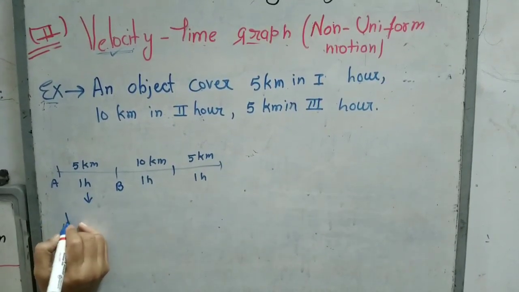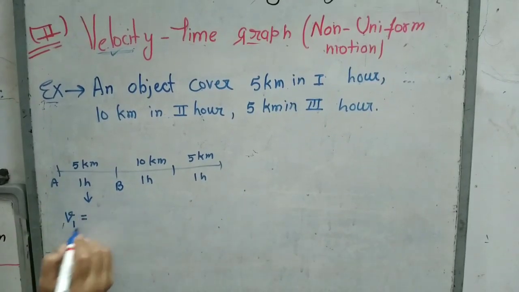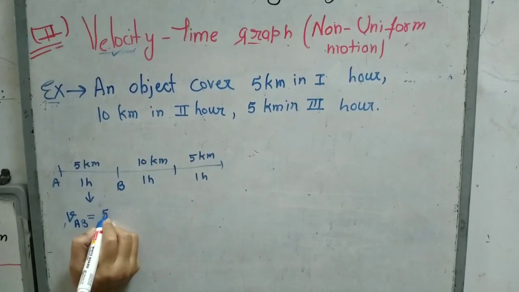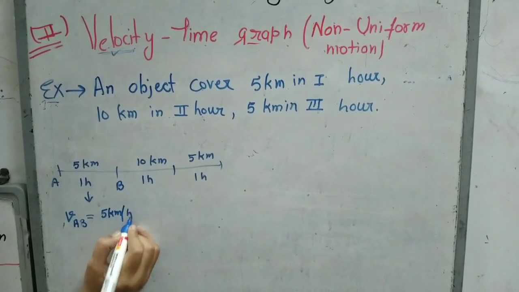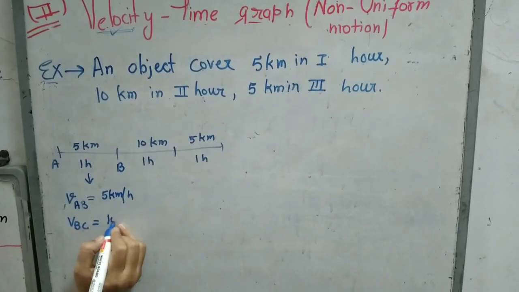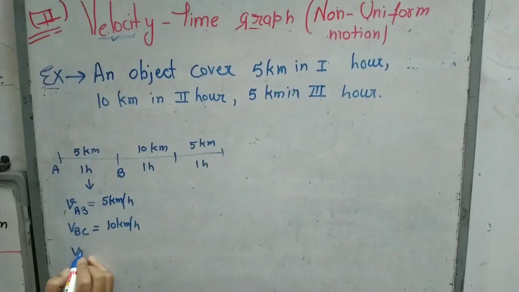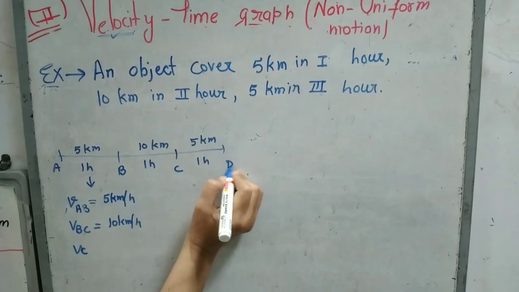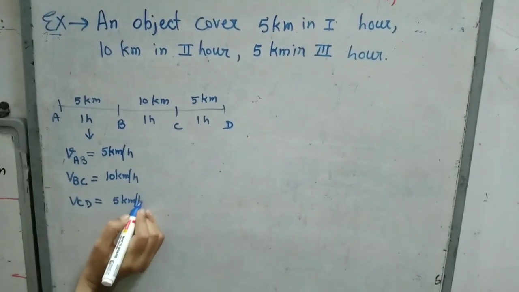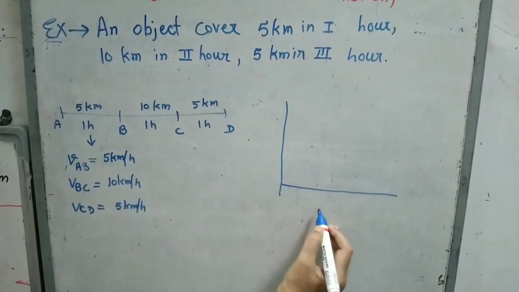So what would be the velocity? Suppose I am representing it as V1. So velocity of AB, we can also write V of AB, will be 5 km per hour. Similarly, V of BC will be 10 km per hour. And the V of CD will be 5 km per hour again. Now we will represent this condition on the graph.